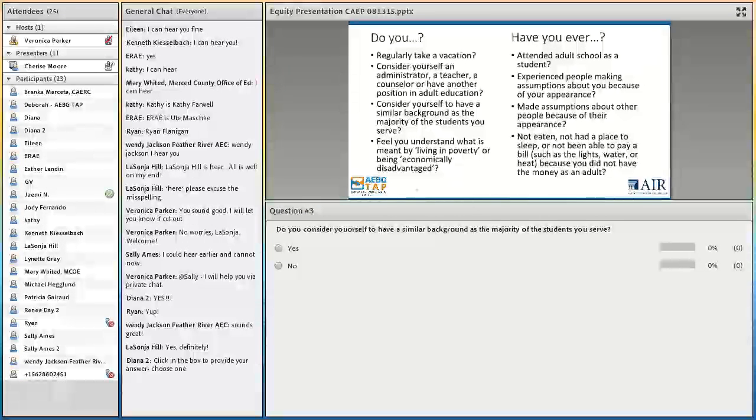And then the next one is, do you consider yourself to have a similar background as the majority of the students you serve? So we're starting from easy to more reflective. And there's no definition provided around background.